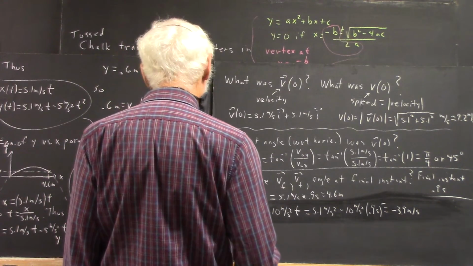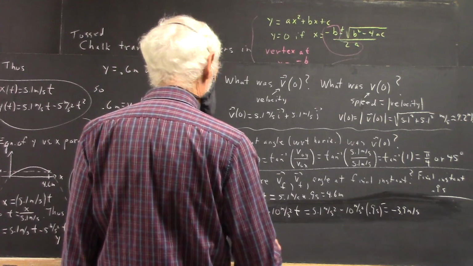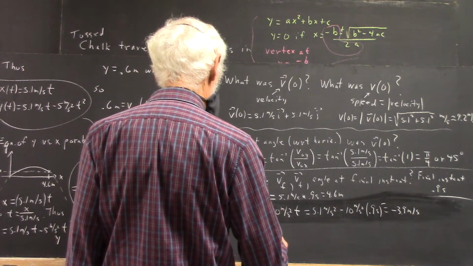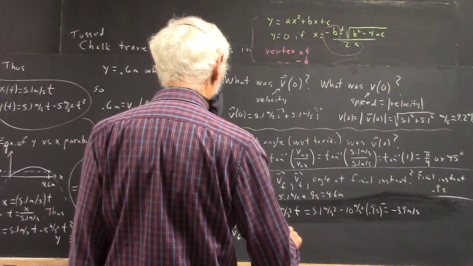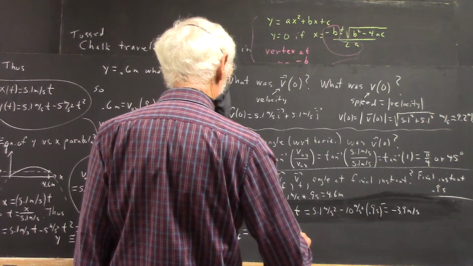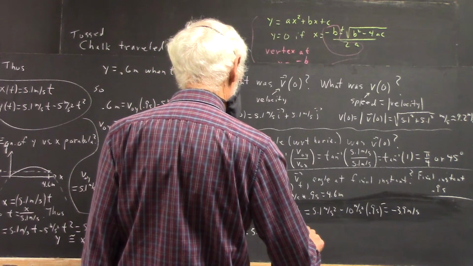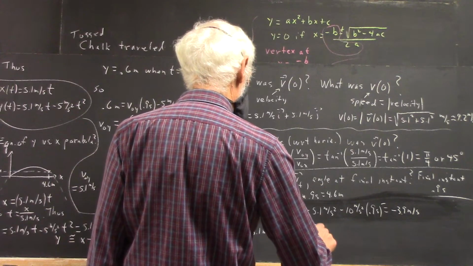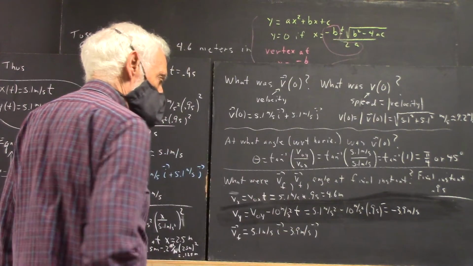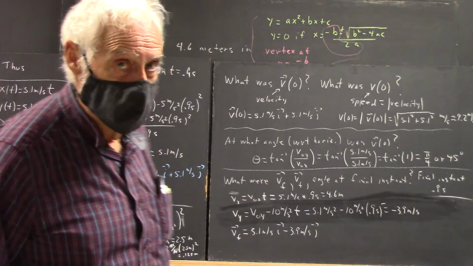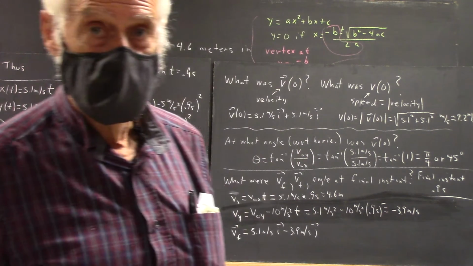So that the final velocity is meters per second times your I vector minus 3.9 meters per second times your J vector.